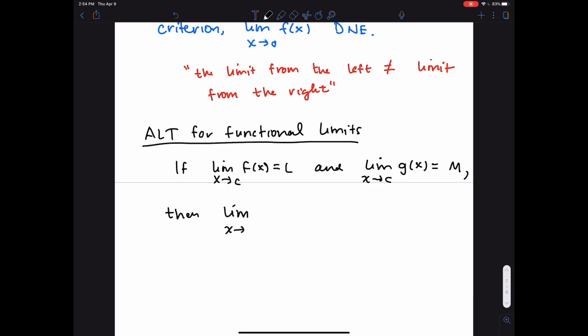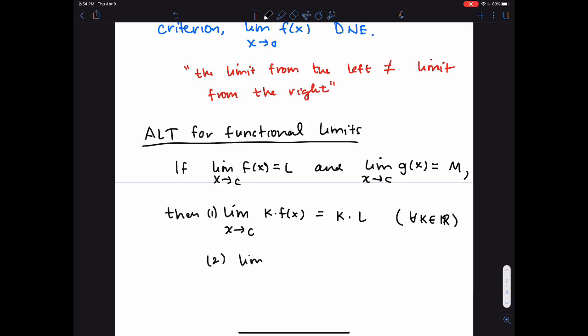So the first thing we got here is that if I take a constant times f of x, that's just going to be a constant times L for its limit. And this is true for all k in R.